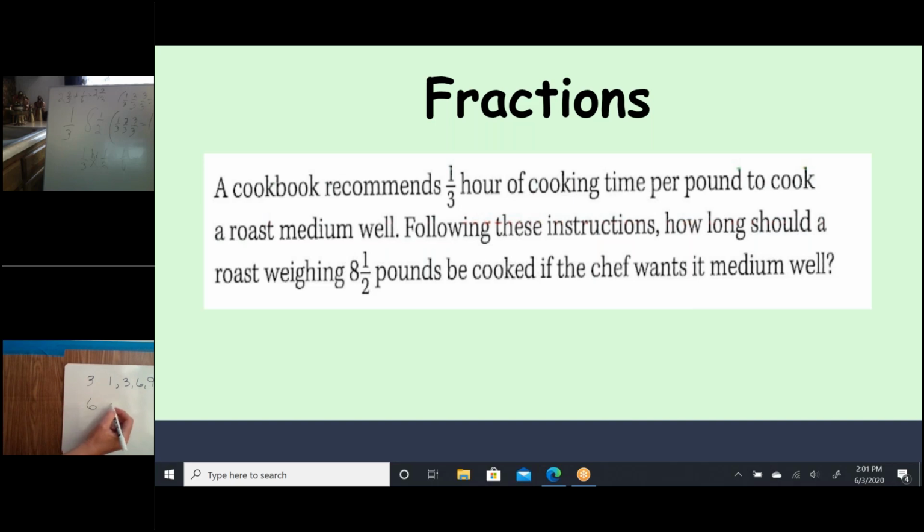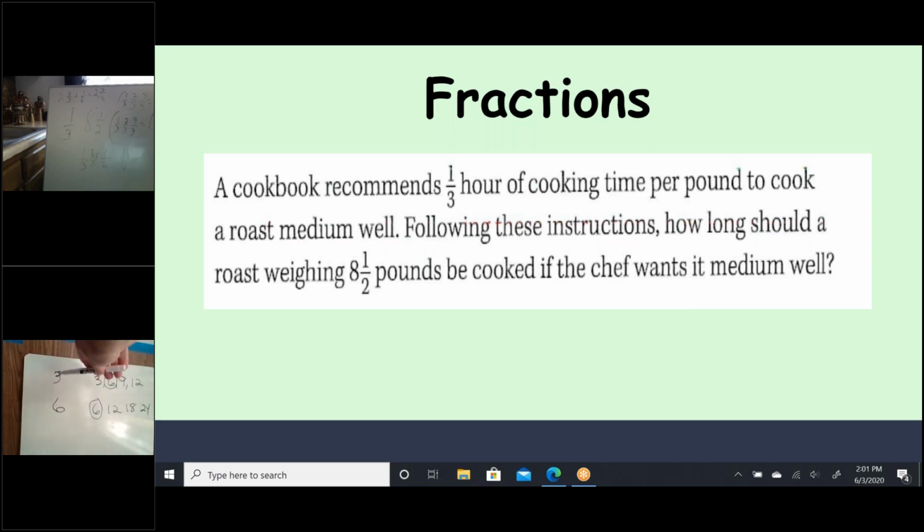Multiples of 6 would be 6, 12, 18, 24. And they say when you get a list, pick the smallest number that they have in common.